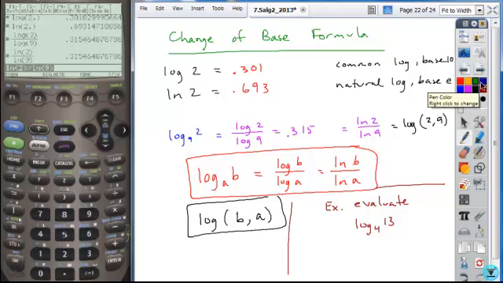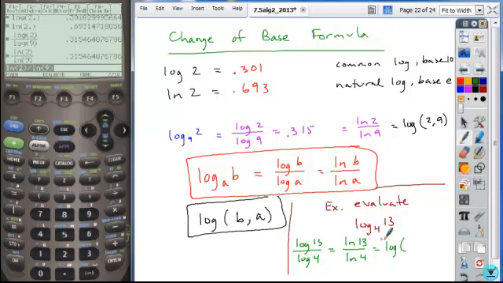Like I said, you have 3 different ways that you can calculate this. You can calculate it with a common log, log of 13 over log of 4 using change of base. The natural log, ln of 13 over ln of 4. Or you can use your TI-89s.